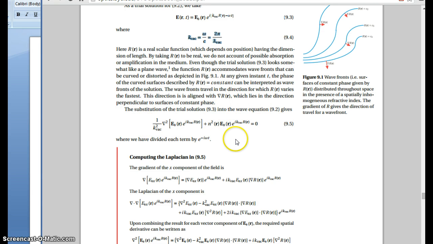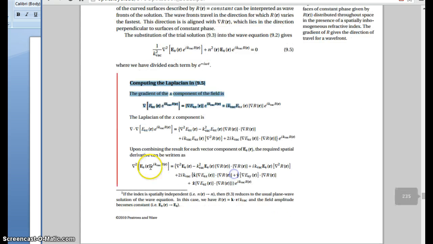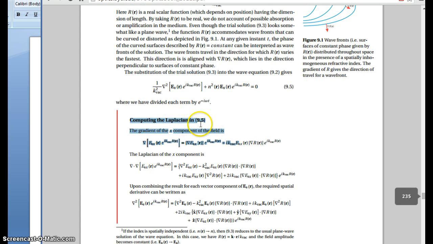And then we substitute that in, and that's what gives us 9.5. Again, there's a whole red box here because this Laplacian is hard, and I think you had like two or three screencasts that just talked about that. But essentially, what we're doing here is calculating the gradient, and then calculating the gradient of the gradient, to get all of this.